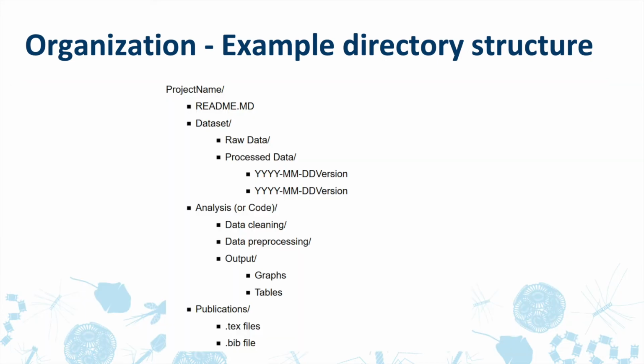Here's just another example of a directory structure. You might have a project name. It's always a good practice to have a README. This could be at the top of the directory. You might have a README file within data directories. You might have a README file within analysis, though probably you're documenting things, like I said, within this directory. And then a publications file.